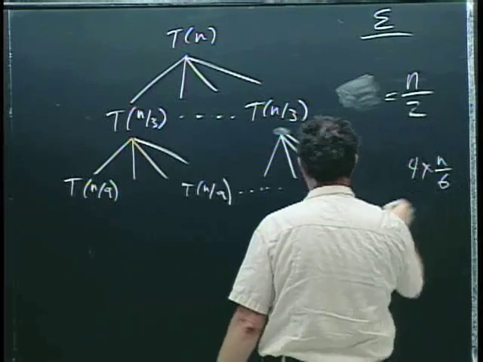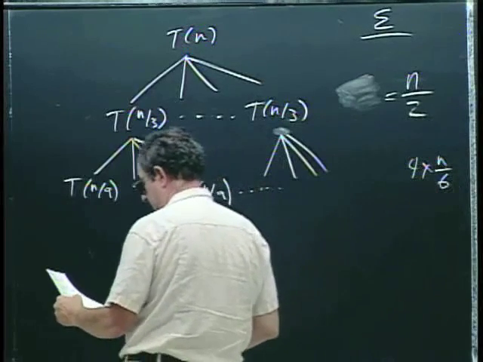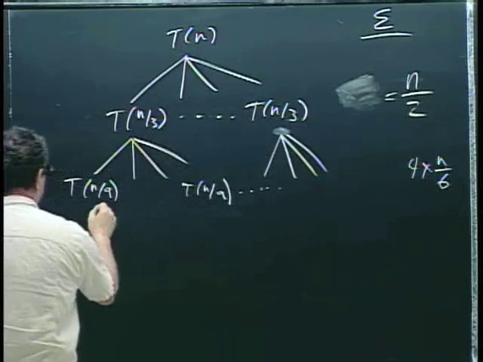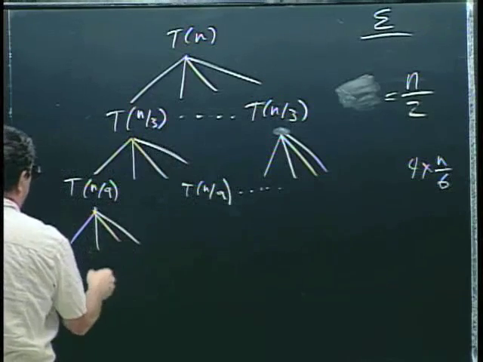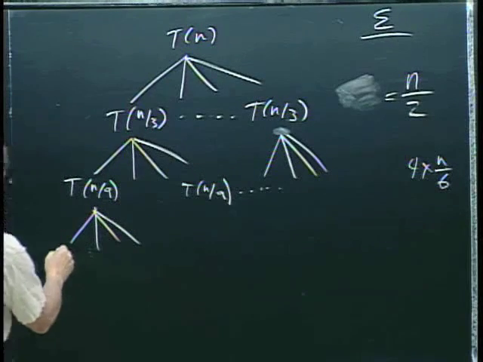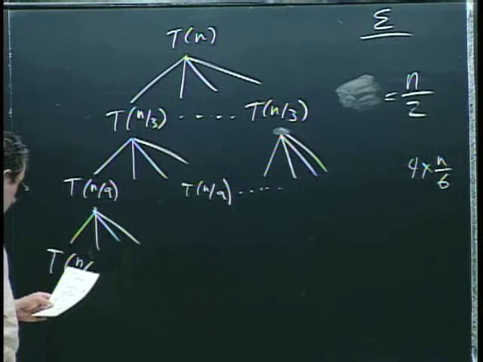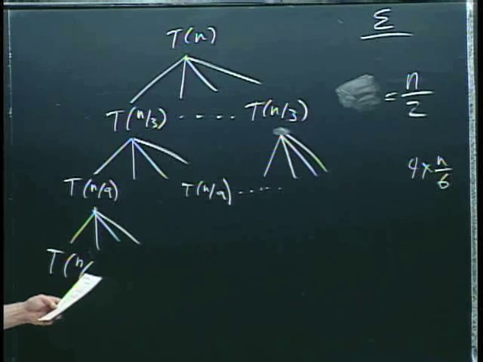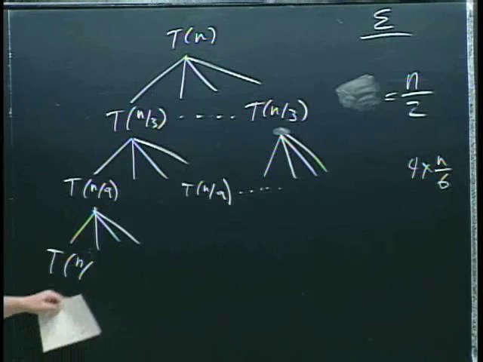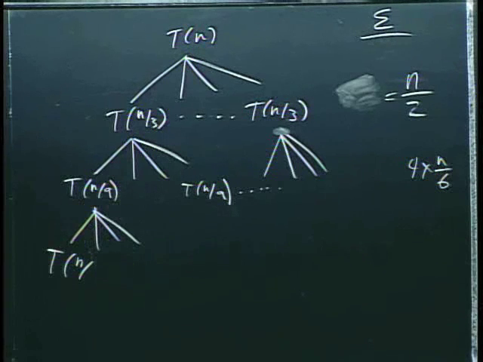All right, let's just go one more level before we start to see the pattern. And then each n over 9, T of n over 9 becomes T of what? Well, we have n over 9, and here's n over 3, so that's n over 27.